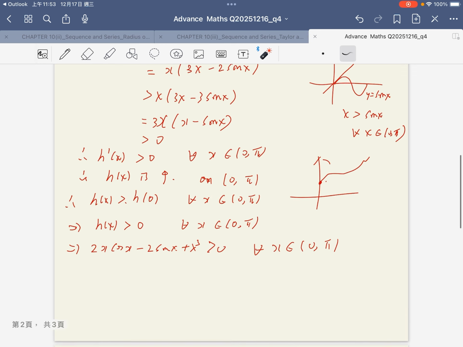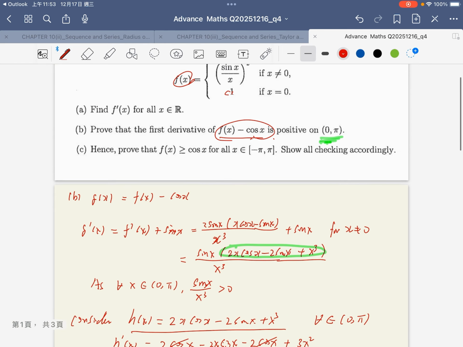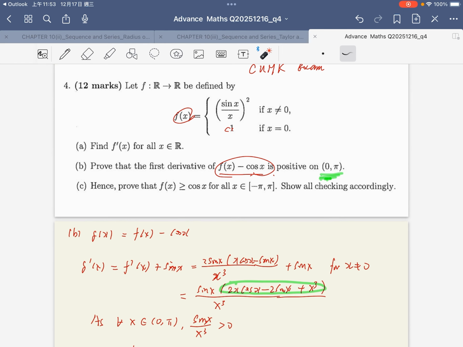That means g prime is positive for all x belong to (0, pi). That means the first derivative of f(x) is positive. Okay, then next step, we have to prove f(x) greater than cosine x for all x.